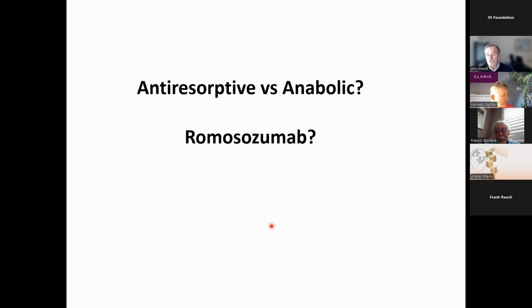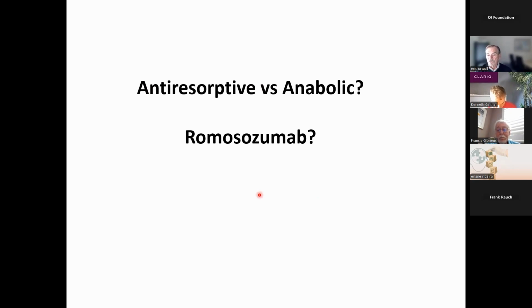But romosozumab, or Evenity, is an anti-sclerostin that's currently on the market for use in osteoporosis. And a question, of course, then is whether romosozumab should be used in OI. Is it effective in OI?